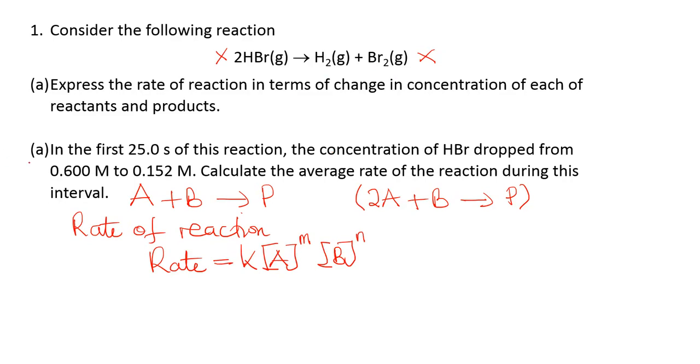A, express the rate of reaction in terms of change in concentration of each of the reactants and products. B, in the first 25 seconds of this reaction, the concentration of HBr dropped from 0.6 M to 0.152 M. Calculate the average rate of reaction during this interval.